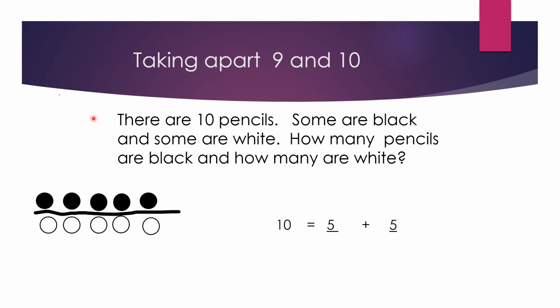Kindergarten, let's read our next number story together. Ready? Read. There are 10 pencils. Some are black and some are white. How many pencils are black and how many are white?